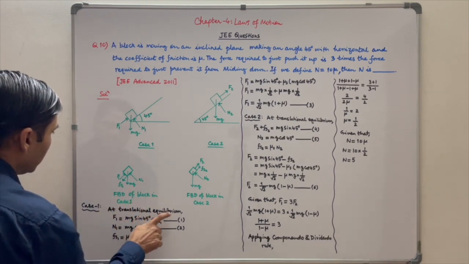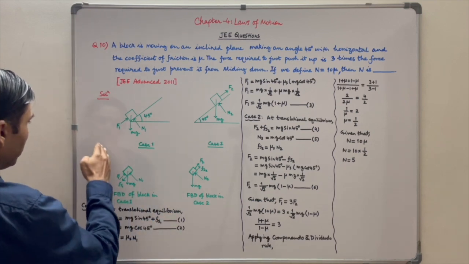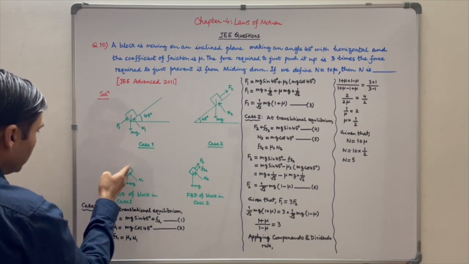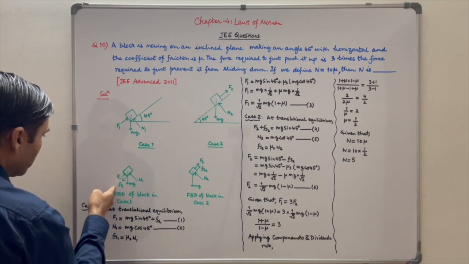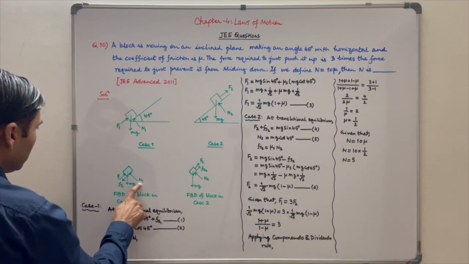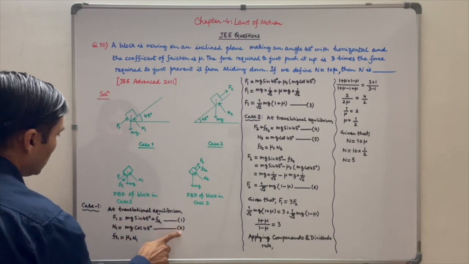At translational equilibrium, we will equate forces along the plane and perpendicular to the plane. So F1 is equal to mg sin 45 plus Fs1. This is equation number 1. And N1 is equal to mg cos 45. This is equation number 2.